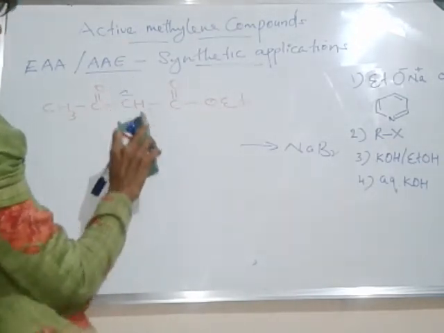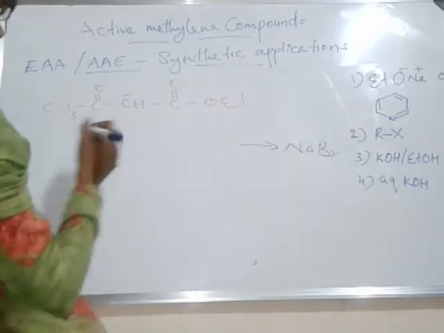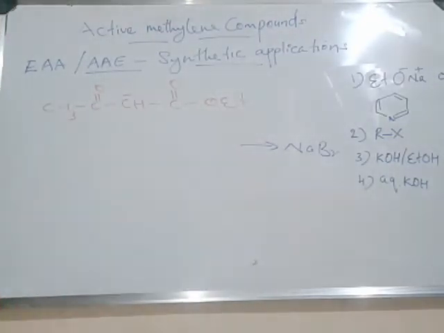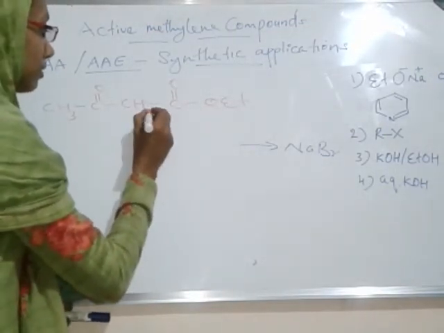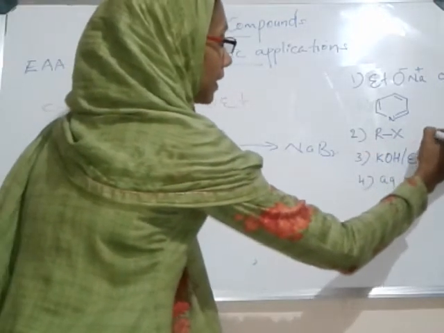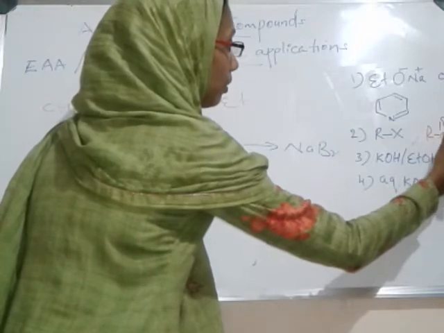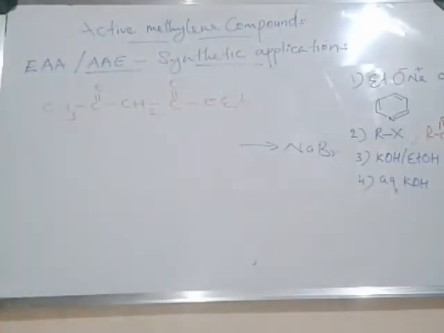Then, if we treat this enolate anion with an aldehyde, RC=O-H, what is the product?